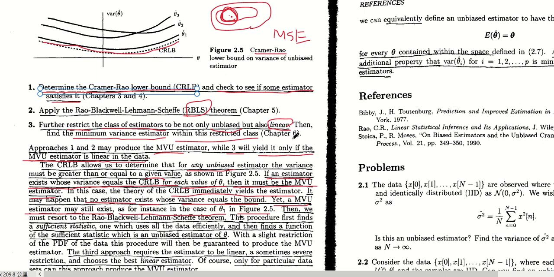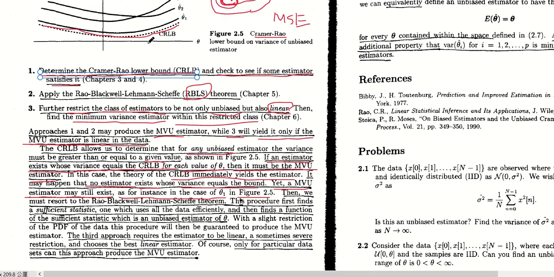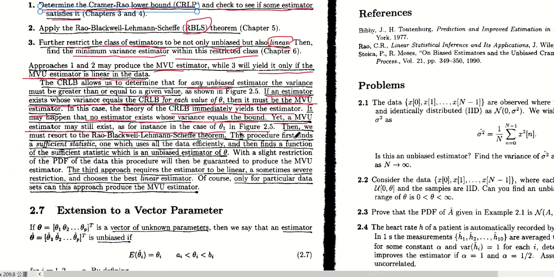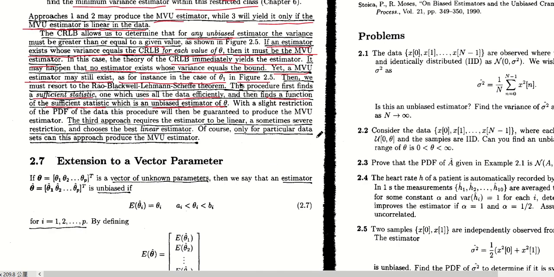Okay, so it may exist, it may not exist. Then we must resort to other approaches like the RBLS approach, which finds a sufficient statistic, uses the data efficiently, and then finds a function of the sufficient statistic which is an unbiased estimator. But we may talk about this later.